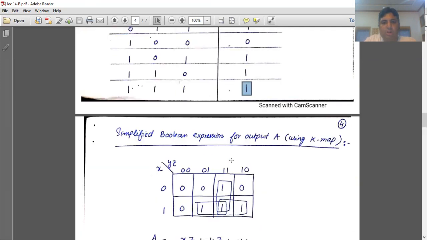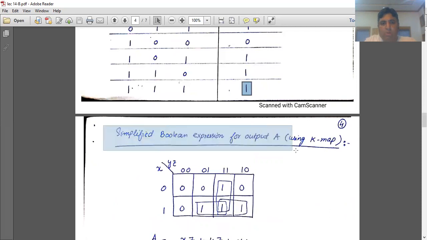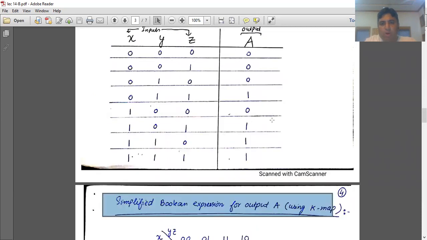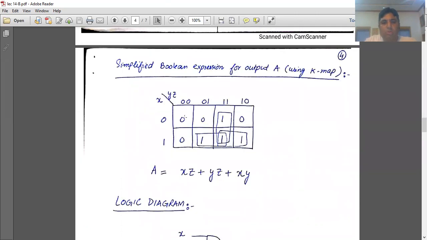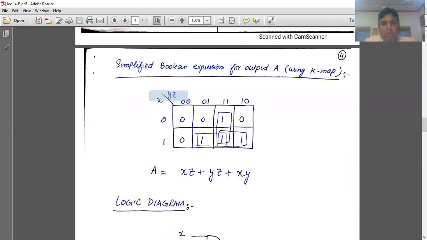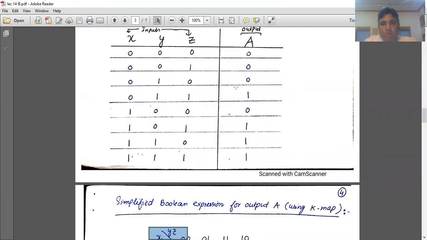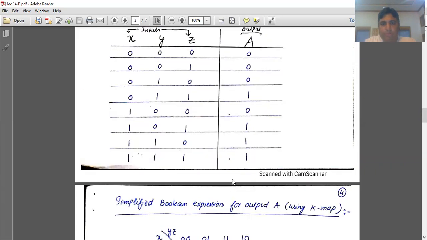On the next page, we will draw the simplified Boolean expression for the output A. We have called this output A. So what you will do, you will make a 3-variable K-map. The K-map will have these 3 input variables X, Y, and Z, and you will put the ones here. This output A has 1 when the input is 0 1 1, here.